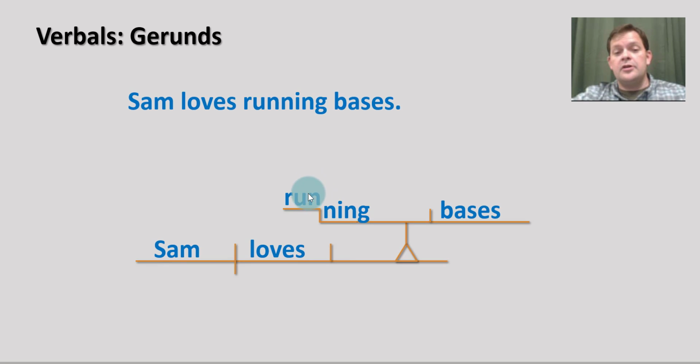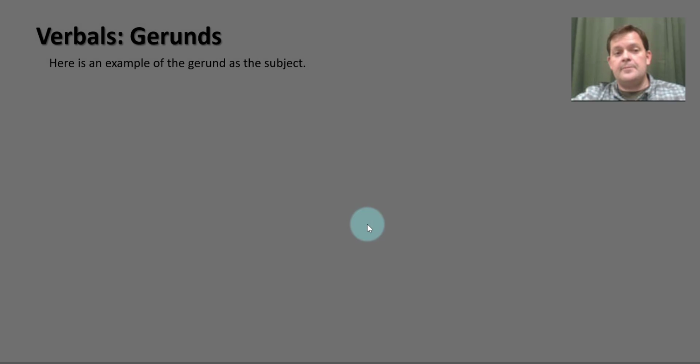And running here is a verb stem followed by ing, and bases is the object of running. And so you diagram the whole gerund phrase on a pedestal in the direct object position.